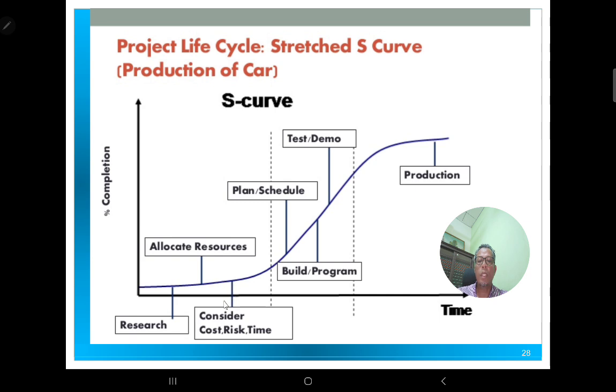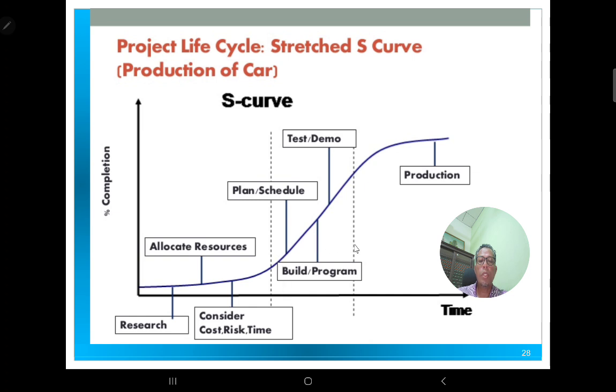And at this stage, you should consider all the costs required, what the risks of the project are, to avoid the failure of the project, and the time needed to complete it.